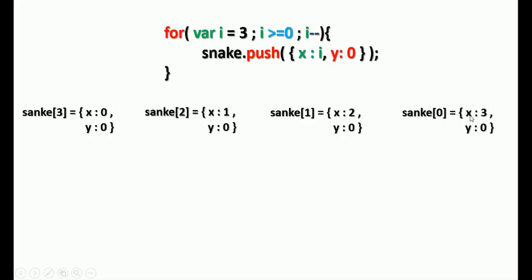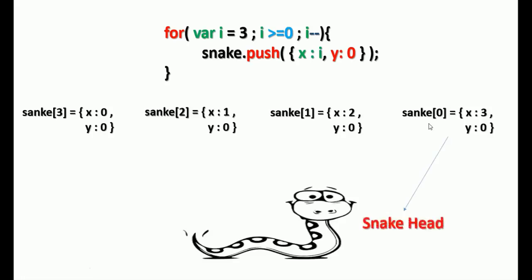For snake 0 the X position is 3 and the Y is 0, and so on. The Y position remains 0, so we are creating 4 horizontal cells, the first, the second, the third, the fourth. Now the first entry is our snake head and the last one is our snake tail.